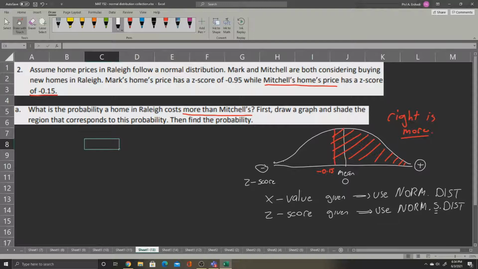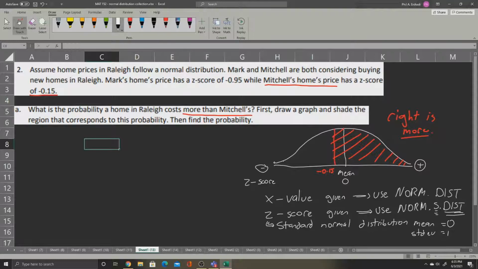The S stands for standard and dist stands for distribution. So anytime you have a z-score, we are going to use the standard normal distribution. Now the standard normal distribution always has a mean of 0 and a standard deviation of exactly 1.